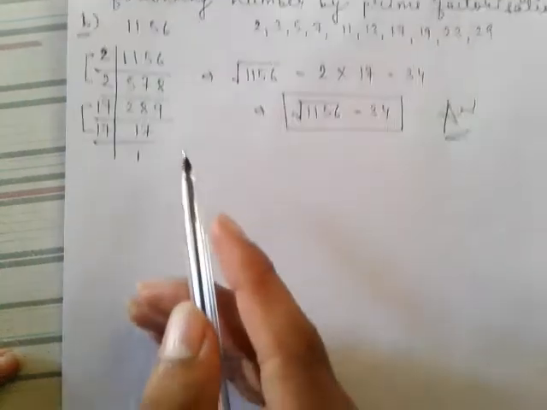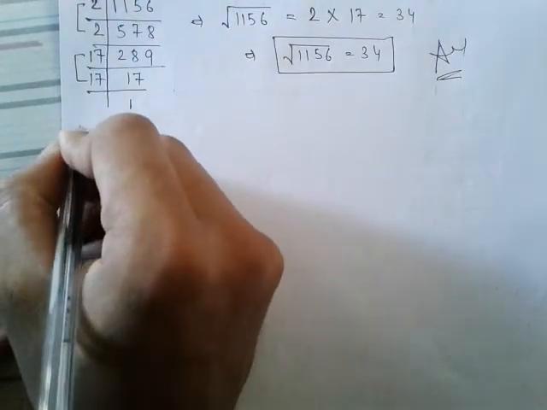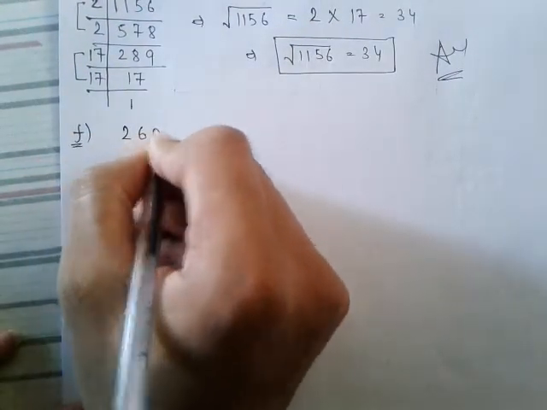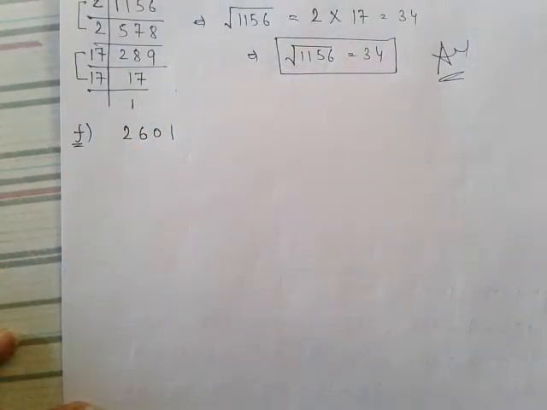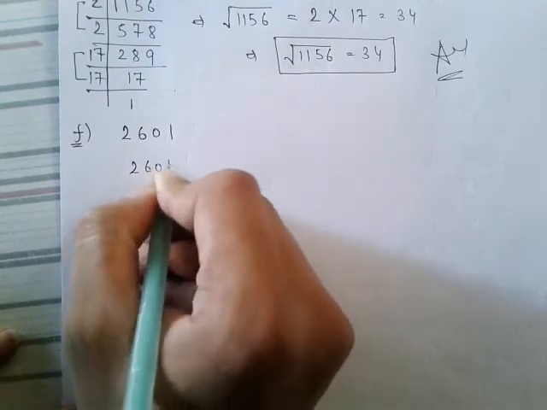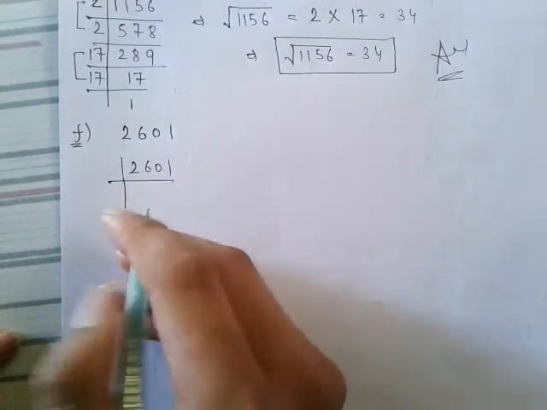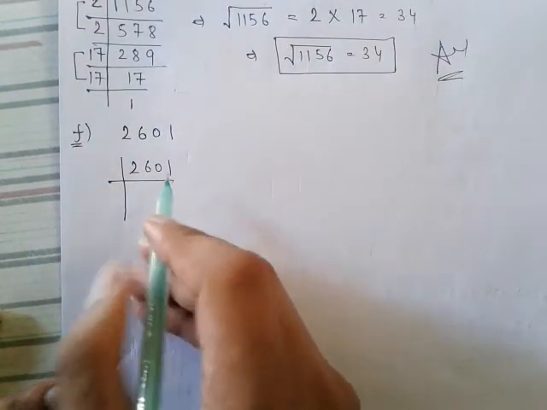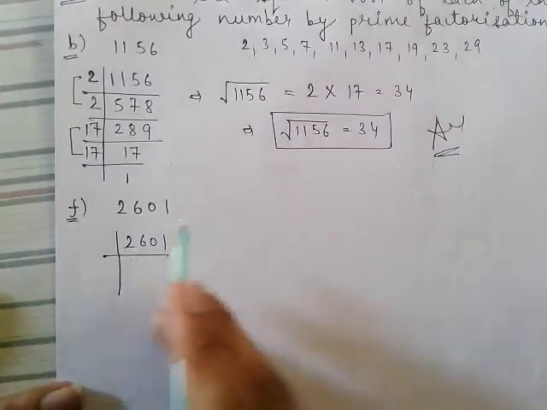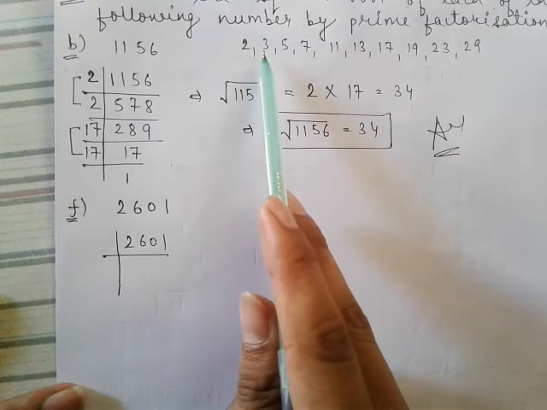Okay, then we will do the next part, which is 2601. You need to find the square root of 2601. So 2601, first of all, it is not an even number, so it cannot be divisible by 2. So the second prime number is 3.